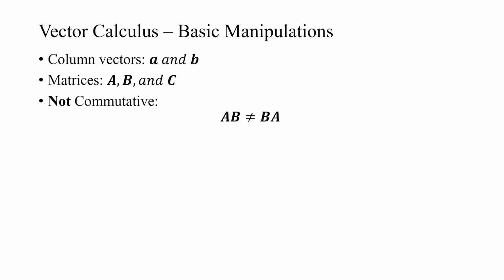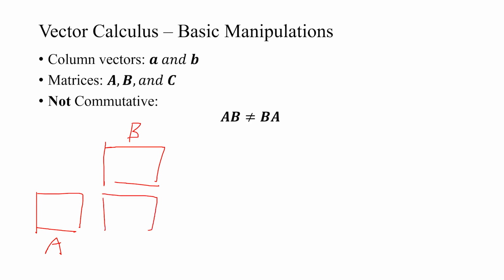And one important thing here is that matrix multiplication is not commutative, which means A times B is not equal to B times A. It can be easily visualized this way. You can see here we have A, and here we have B. So A times B will be this one.